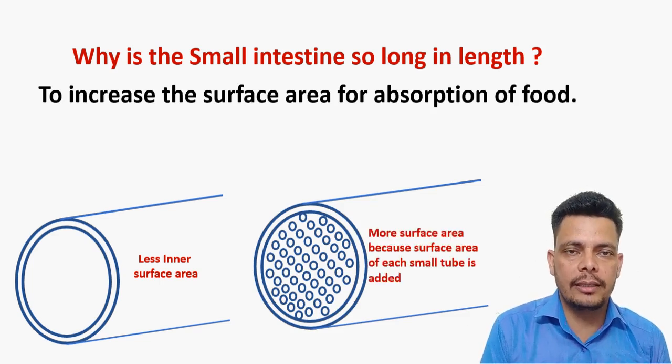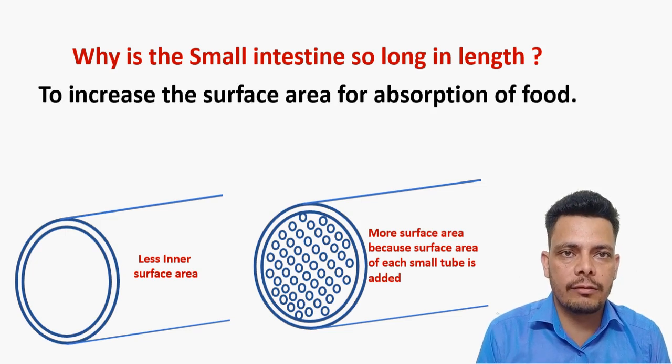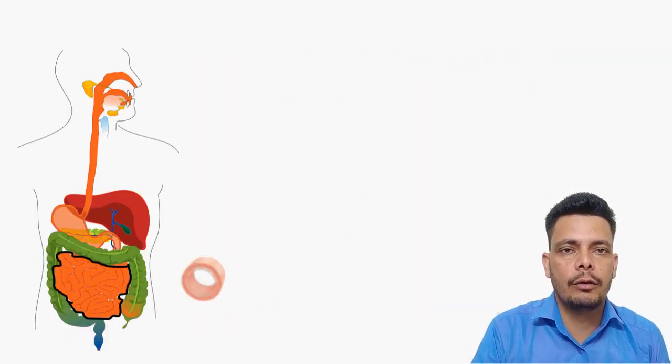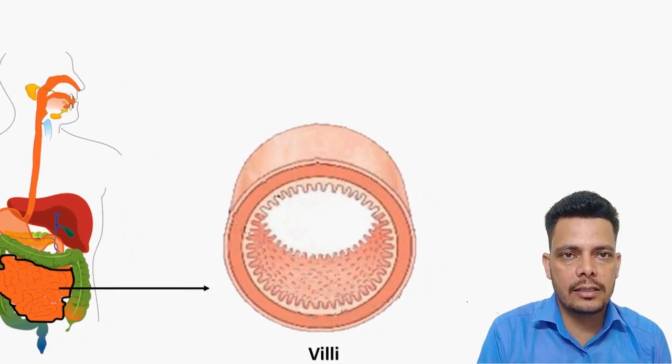It will be more. In the same way, the small intestine's diameter is small and it is long because the food gets more surface to be digested. It is also supplied with small finger-like projections. We call them villi. They further increase the surface area.